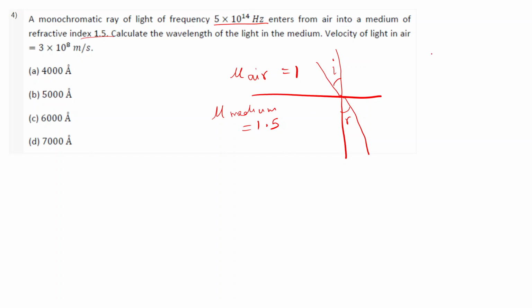We know that for any light, speed is equal to frequency times wavelength. If c is the speed of light in air, in this medium it will be less. If we denote it by v, then it will be less.